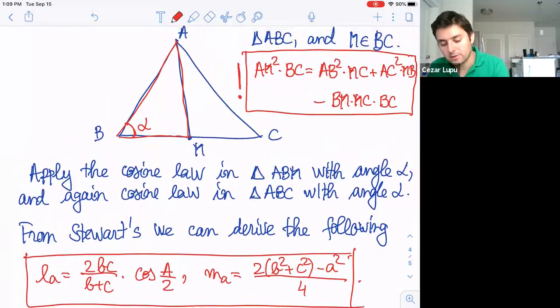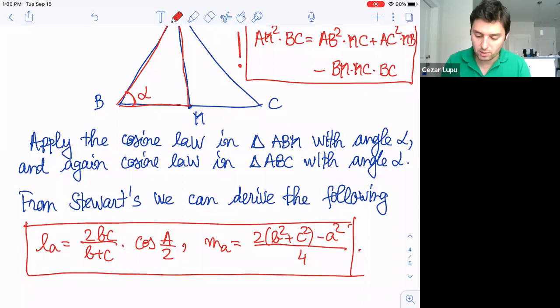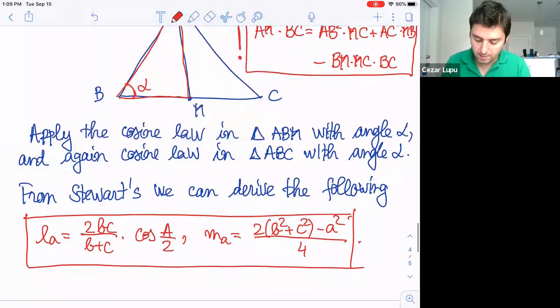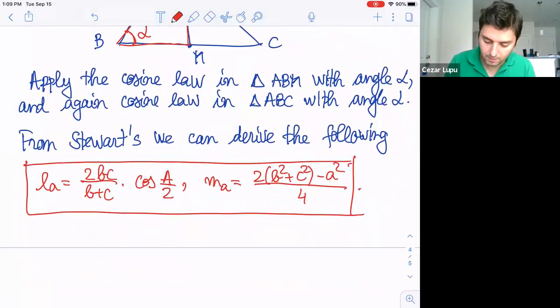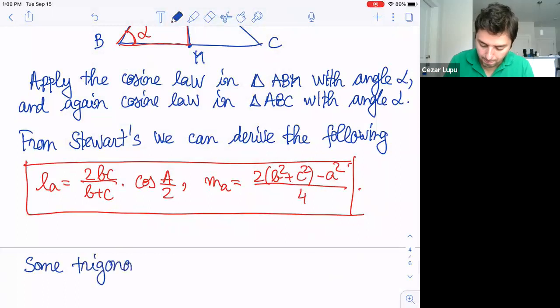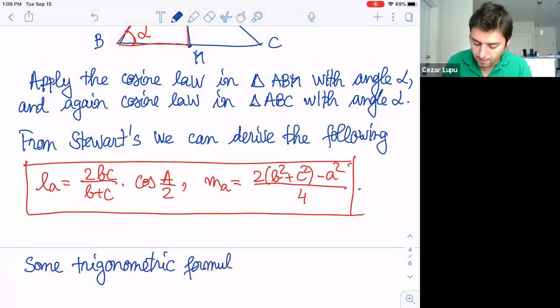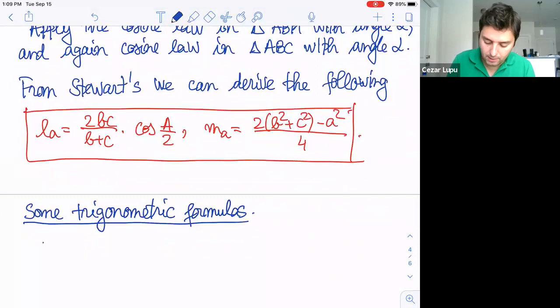You know what the bisector is, you know how to express the cosine, and also there are some trigonometric formulas that you need to take into account. But I think these are done in Calc 1 as well. Let me remind you: sine squared of x plus cosine squared of x is 1.